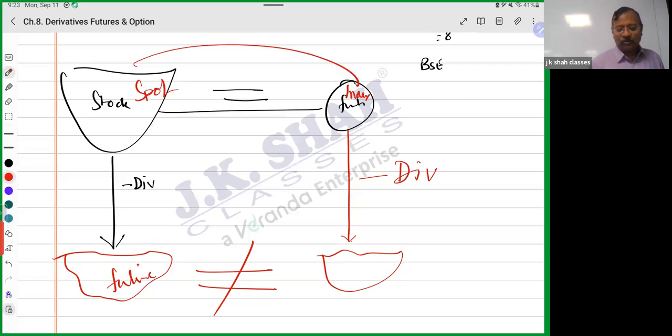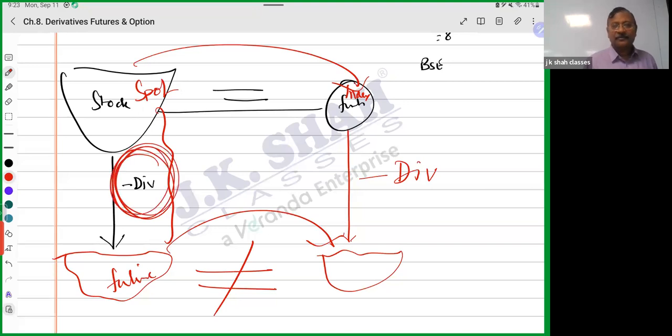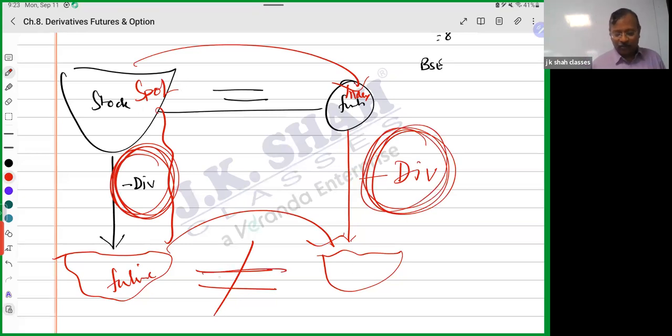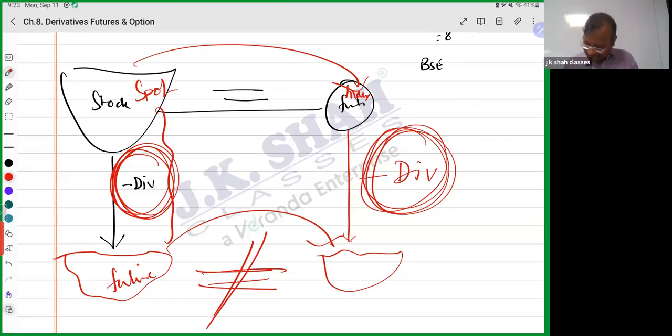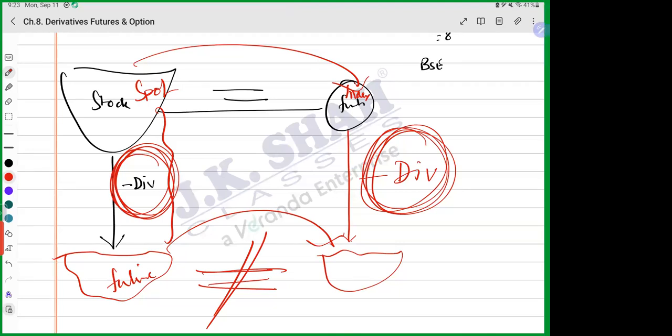This value must be equal to this. So while calculating this, if you are reducing dividend, then while calculating this, you will have to adjust the dividend somewhere, no? Otherwise, this will not be equal to this. Got it, sir? समझा सर, समझा. हाँ, चल.